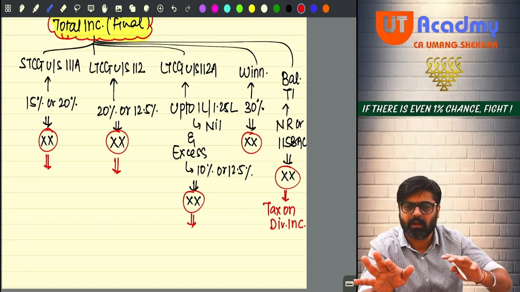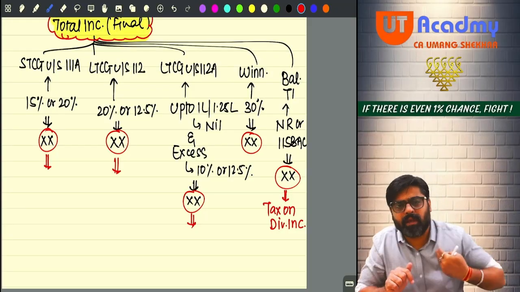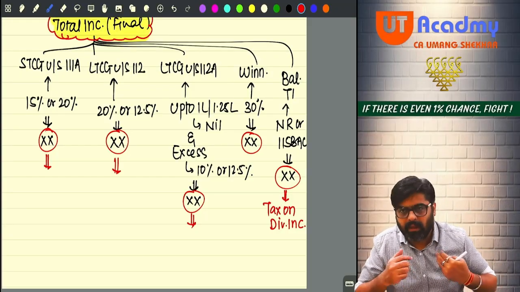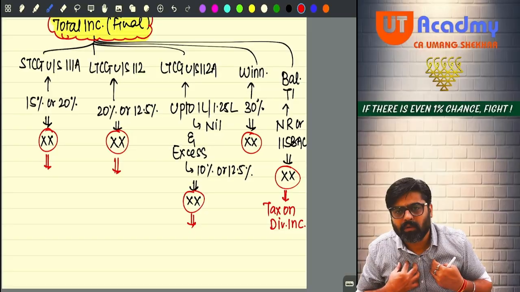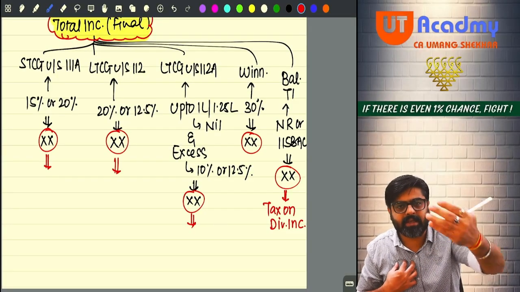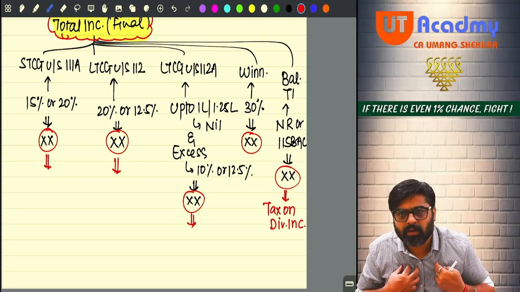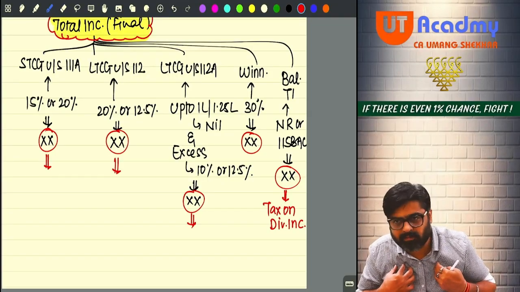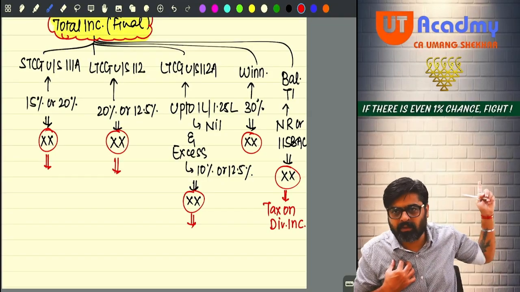Otherwise, the income which you are giving me, am I earning income from you? Am I charging any fees from you? If I am charging fees from you, that is my income. Should I pay tax on that?